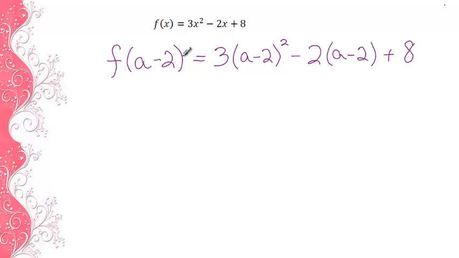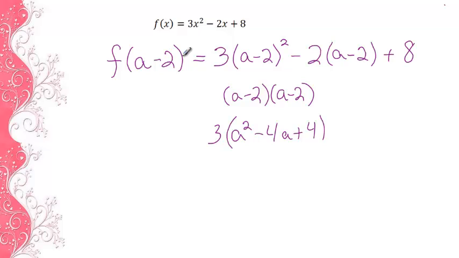A minus 2 squared, you have to remember that that means a minus 2 times a minus 2. So simplifying the squared there is going to be a squared minus 4a plus 4. Then all of that is multiplied by the 3.